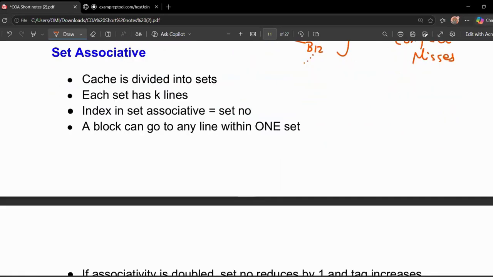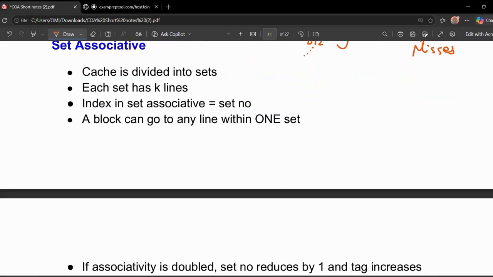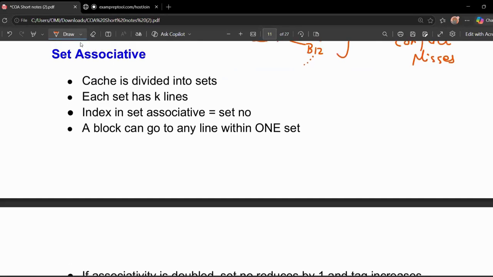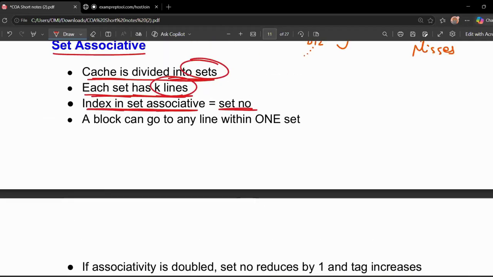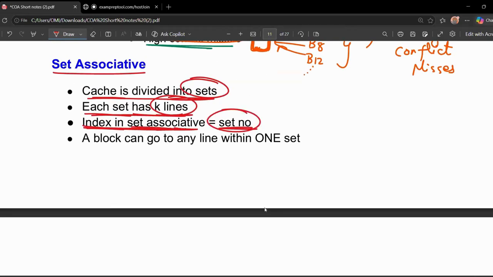What is the index in set associative mapping? The index is the set number; we are writing the set numbers.